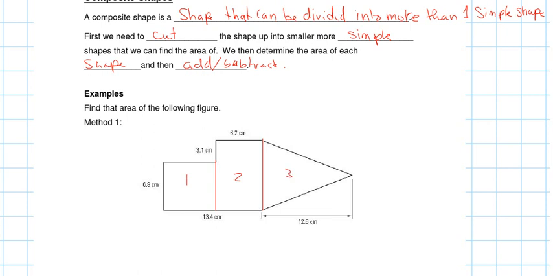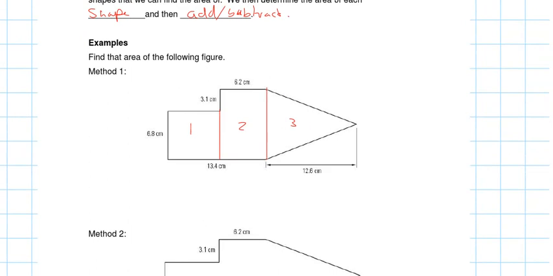And I have to find my measurements, right? I don't know all the measurements. So if I'm looking for the area of the first rectangle, anytime I have an area of a rectangle, it's length times width. Right? So I need both my length and my width.